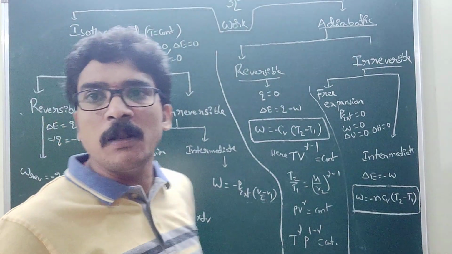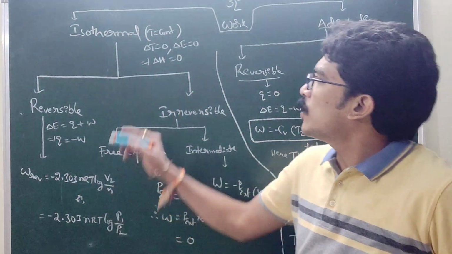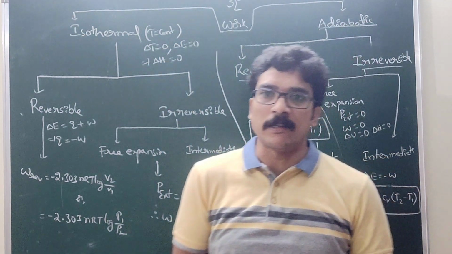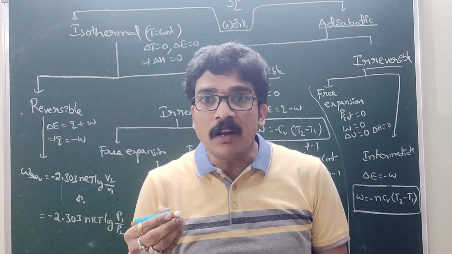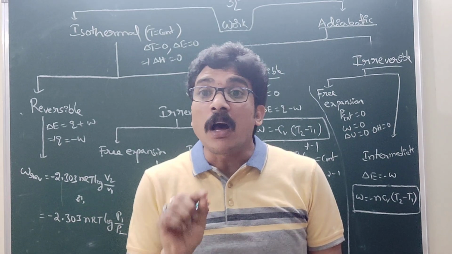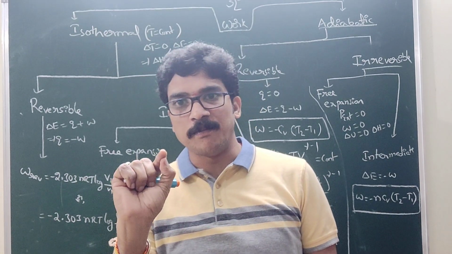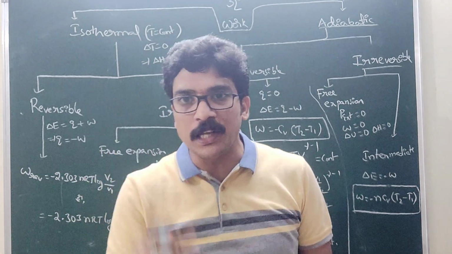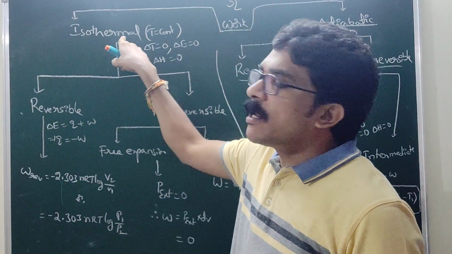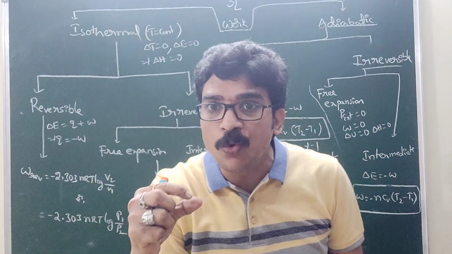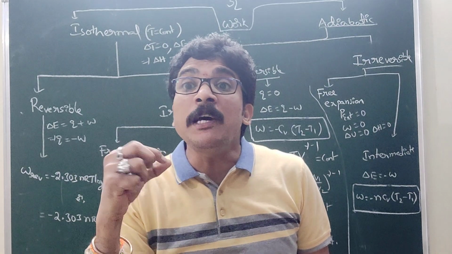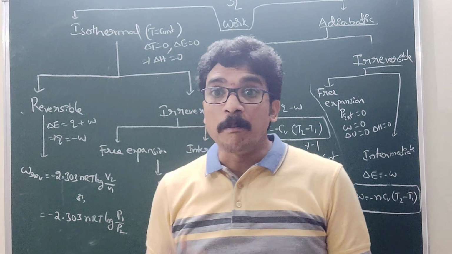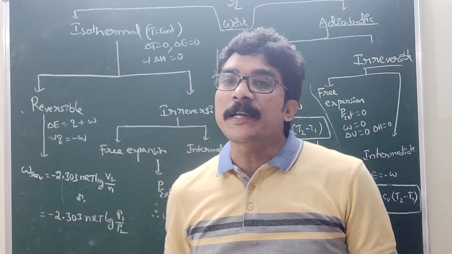In the isothermal process, first of all, what is the meaning of isothermal? Iso means same, thermal means temperature, so constant temperature. The isothermal process is the process in which temperature is constant or a constant temperature is maintained.